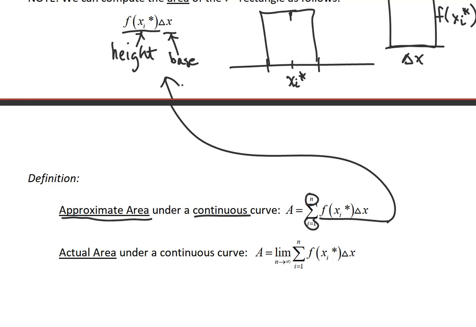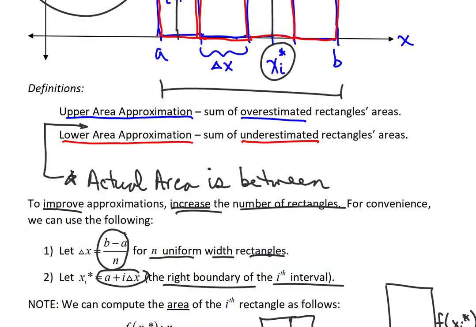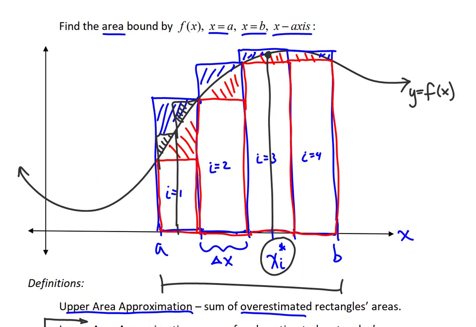So if you take the area of one rectangle, which of course is delta x times f of x sub i star, that's just base times height, but you do that with every rectangle that's used to approximate something. So if we go way back up to our original picture, we had 4 rectangles in this picture estimating the area. They were either too high or too low.